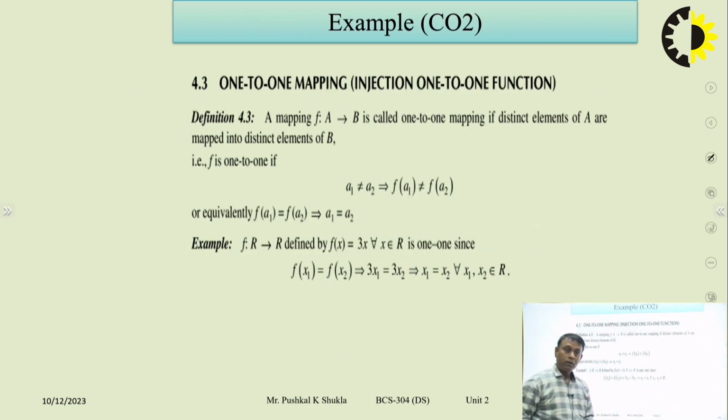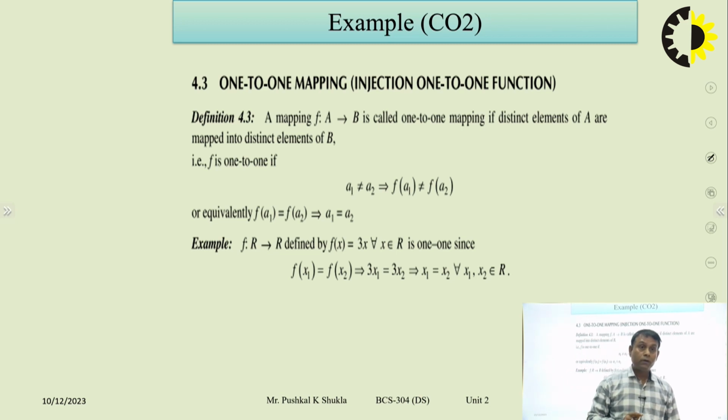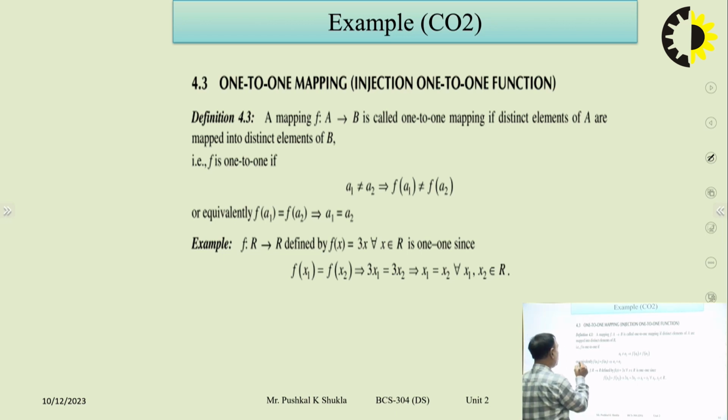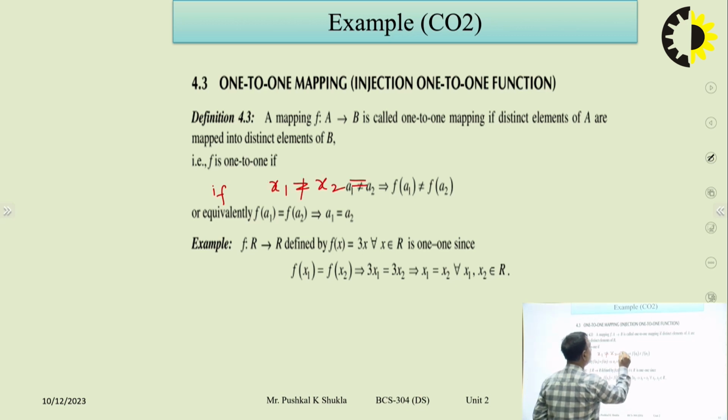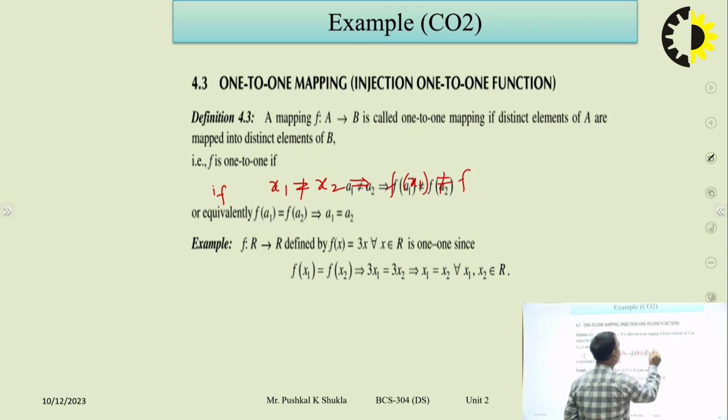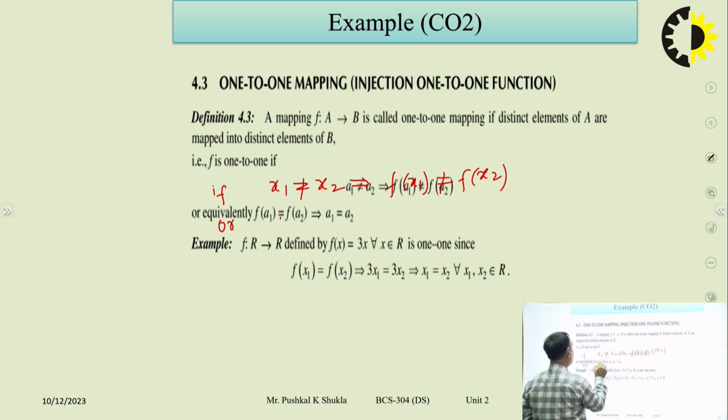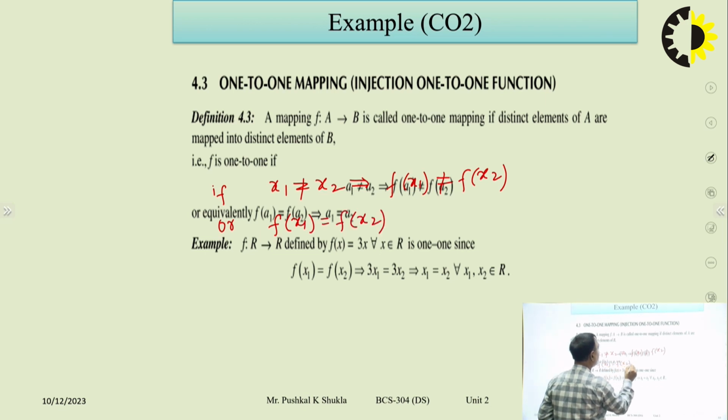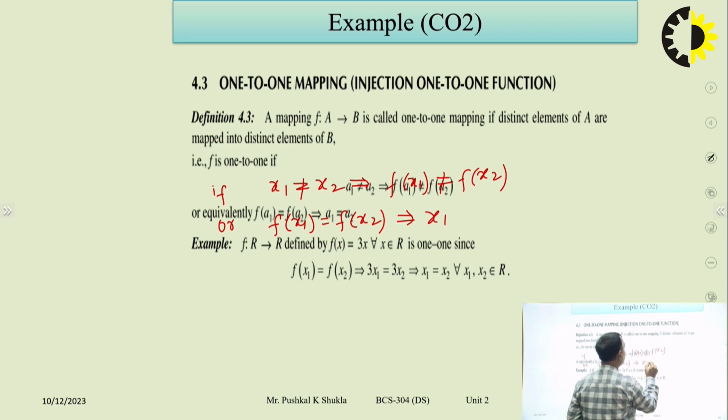The most important thing to remember for solving problems related to one-to-one functions is the necessary condition to be one-one: if x1 not equal to x2, this implies f(x1) not equal to f(x2). Equivalently, f(x1) equal to f(x2) implies x1 equal to x2.